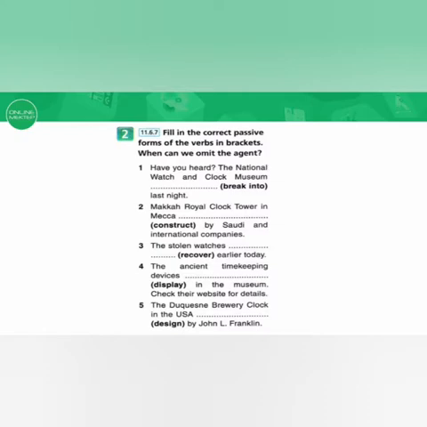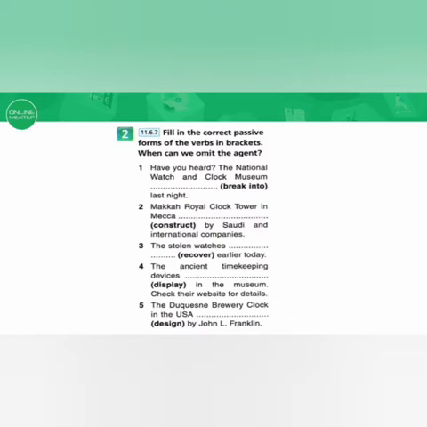Second sentence. Makkah Royal Clock Tower in Mecca, the verb construct, by Saudi and international companies. The third. The stolen watches, in brackets the verb recover, earlier today. The fourth.